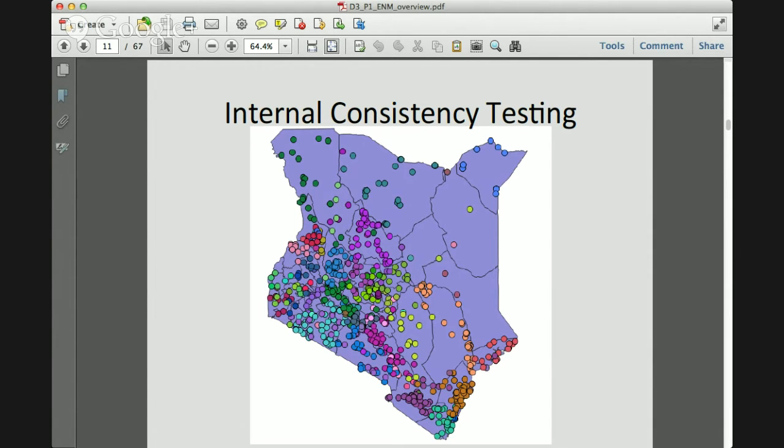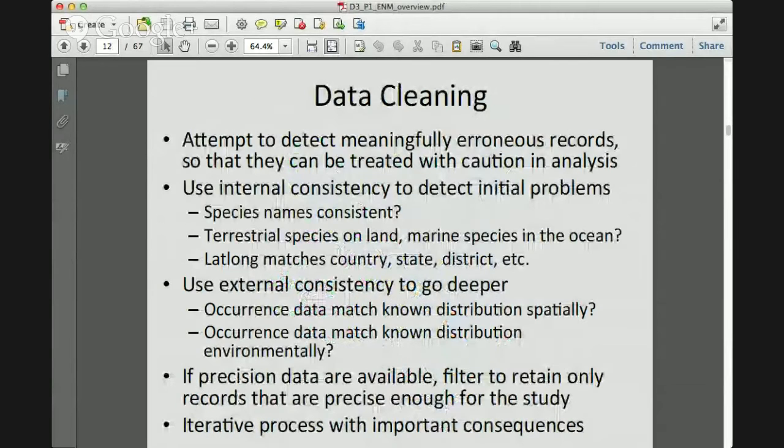That's good and consistent. But look at this northern district, the central northern district. All of the points there are this kind of dull green color, except that there's one purple point in there. So that's a point that had a different district name. So again, those georeferences are not necessarily wrong, but they are records that we should look at carefully and make sure they're not wrong. So that's a data quality step.